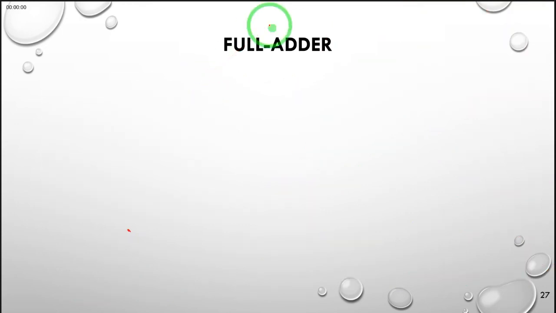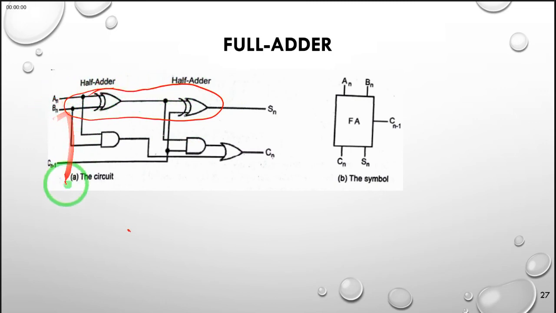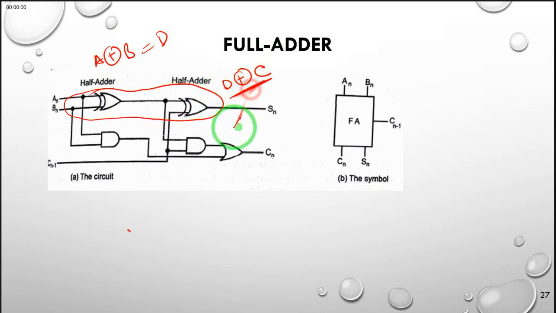These gates are represented by this diagram right here, because we have seen that our sum can be achieved using two XOR operations on A, B, and C. This is our A XOR B, which we termed D, and this is D XOR C, and therefore this becomes the implementation of the full adder.